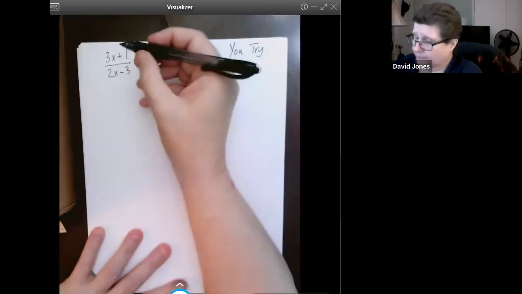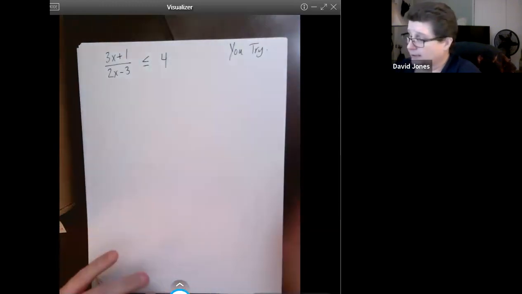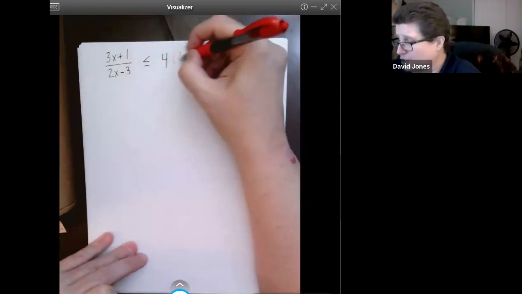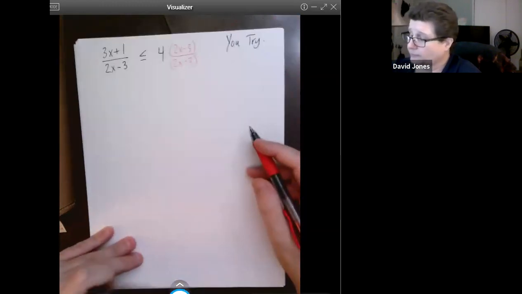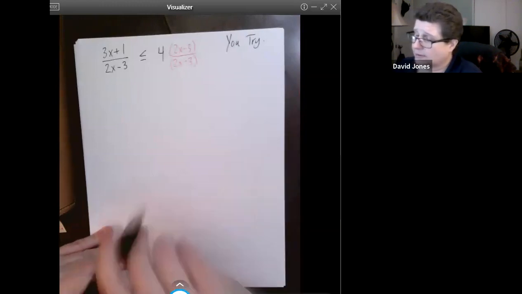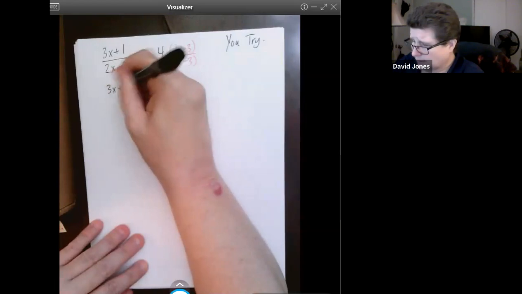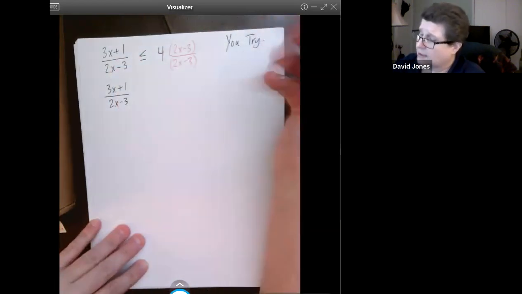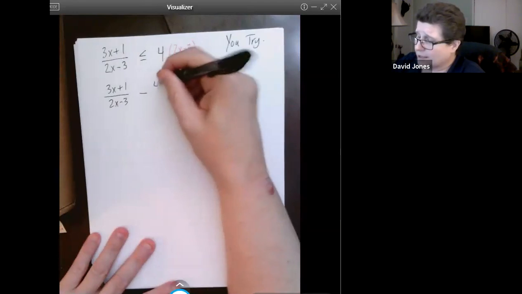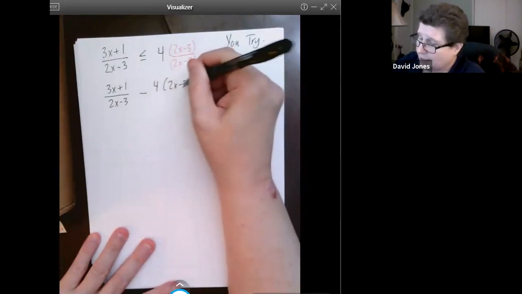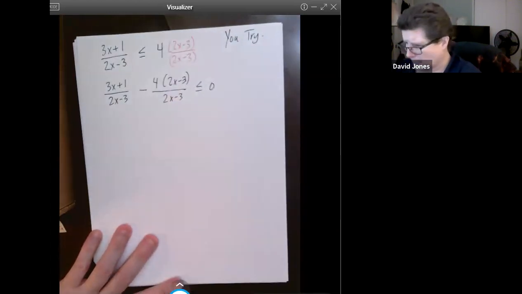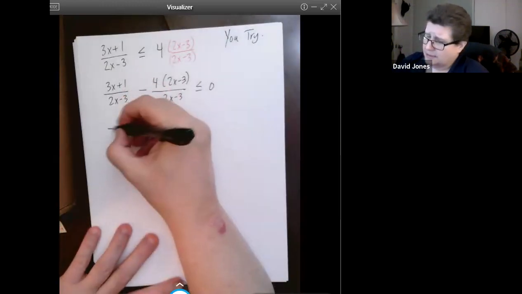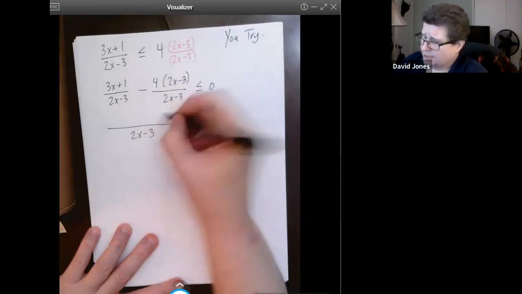All right. I know I'm going to need a common denominator, so I can do the 2x minus 3 now. If I subtract it over, I got minus 4 times 2x minus 3 over 2x minus 3, less than or equal to 0. 2x minus 3 is on bottom.